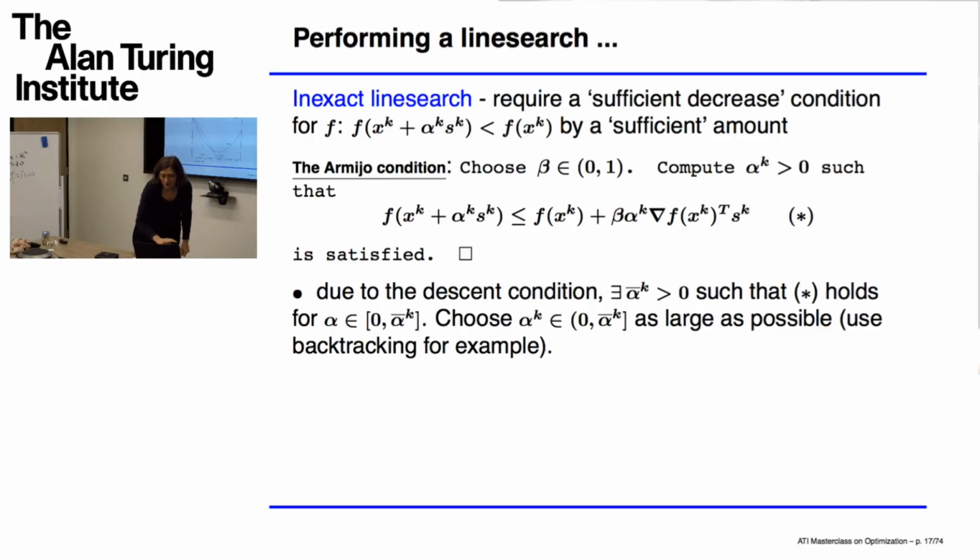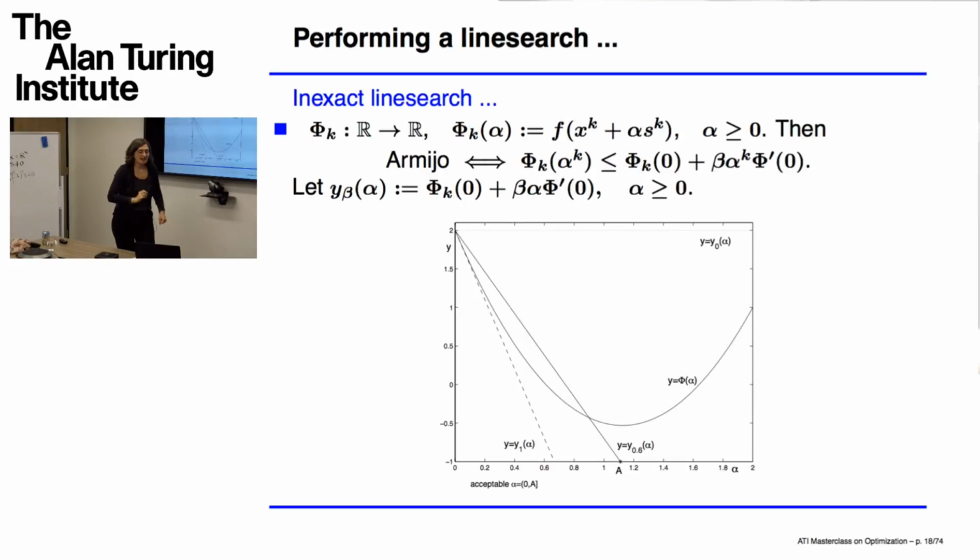I've given more explanations here as to what this Armijo condition means graphically. Essentially, if I think again univariately, so I think of my f along alpha as just a function of alpha, because xk is given, sk is given. Those are fixed. So if I look at it as a function of alpha, here's some simple phi.